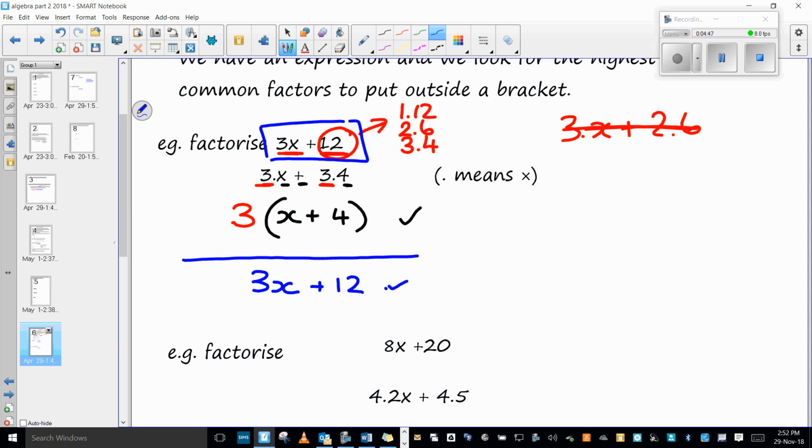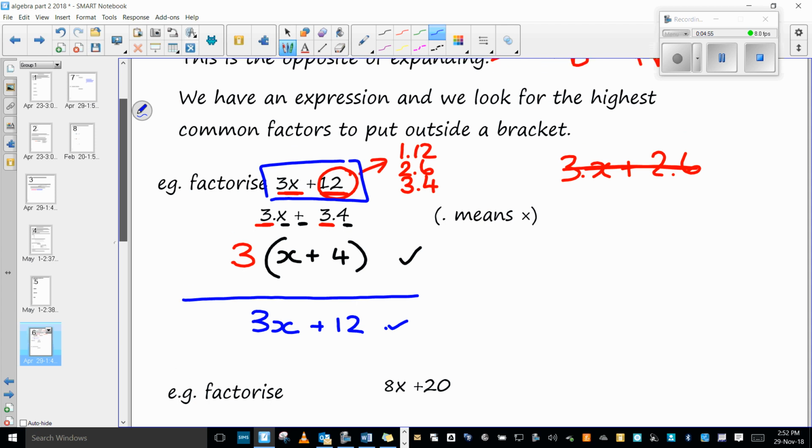Now, here's the problem. We have to make sure that we've brought the highest common factor to the front. Sometimes we could have a situation where we can see something's common, but it's not the biggest number. But when you expand it, you do get the right answer.